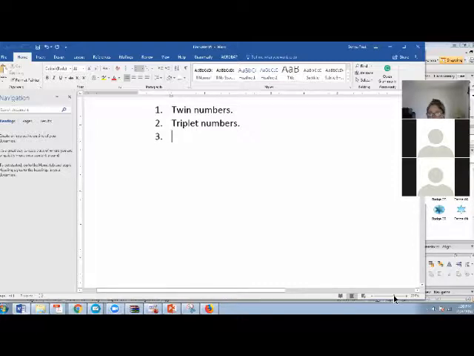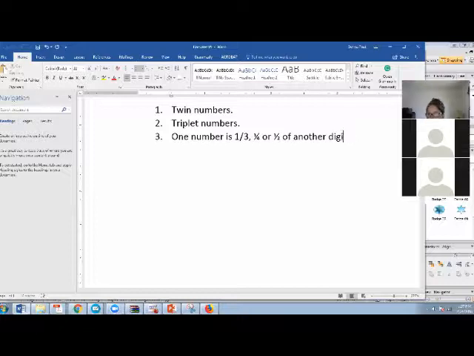So twin numbers, triplet numbers. We could say one number is a third, a quarter, or a half, or something like that of another number, of another digit.